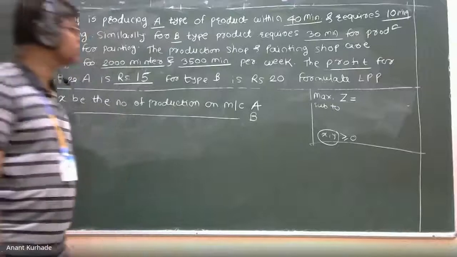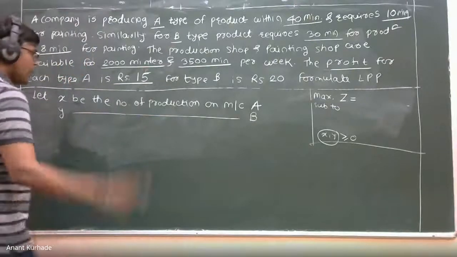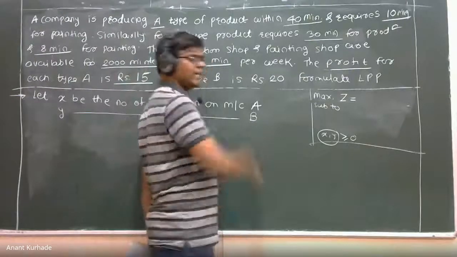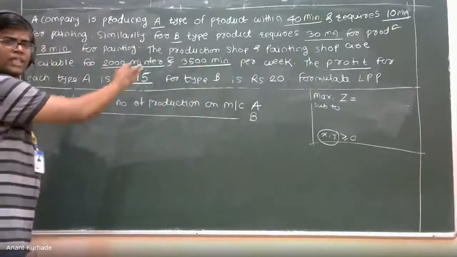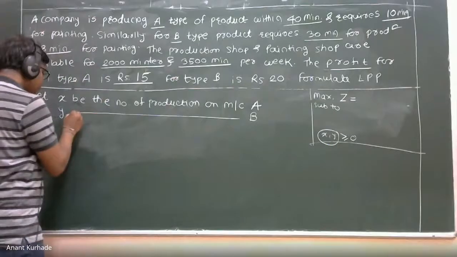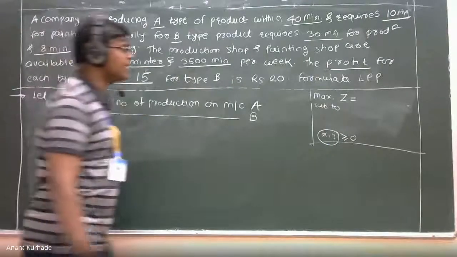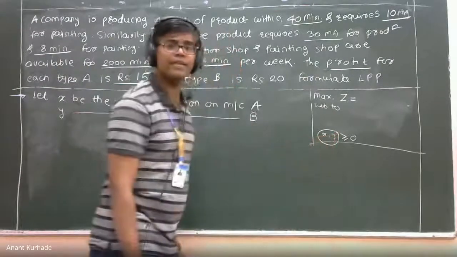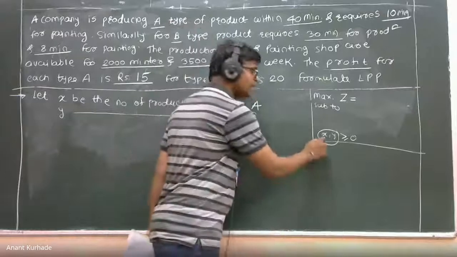Okay, so initially for any type of LPP formation, the first thing you have to do is define the decision variables x and y. So what is x and what is y?